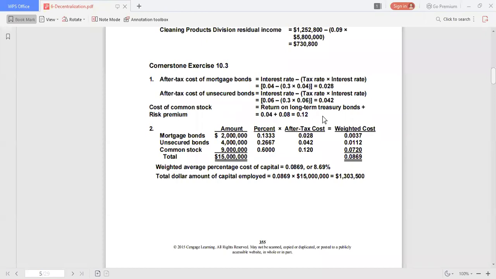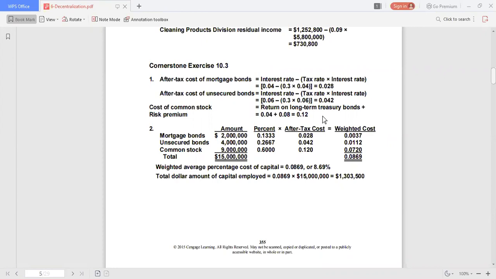Now, here it's stated that we have the tax rate of 30%. So the after-tax cost of each method of financing is for the mortgage bonds, the interest rate is 4%. Then we deduct the result of multiplying the tax rate and the interest rate.